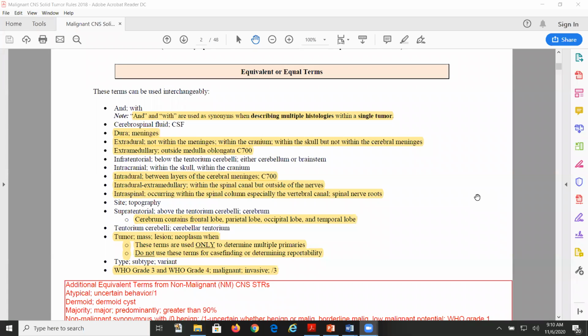Type, subtype, and variant are equivalent. WHO grade 3 and WHO grade 4 are equivalent with malignant, invasive, and a behavior of 3.